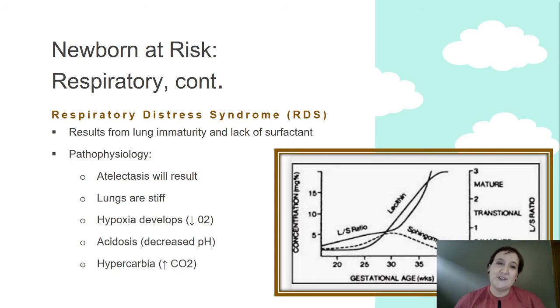It's much more difficult to initiate respirations in a preterm infant versus a term infant, and a lot of that goes back to the lack of surfactant, the lack of the number of alveoli, the lung immaturity that's there.